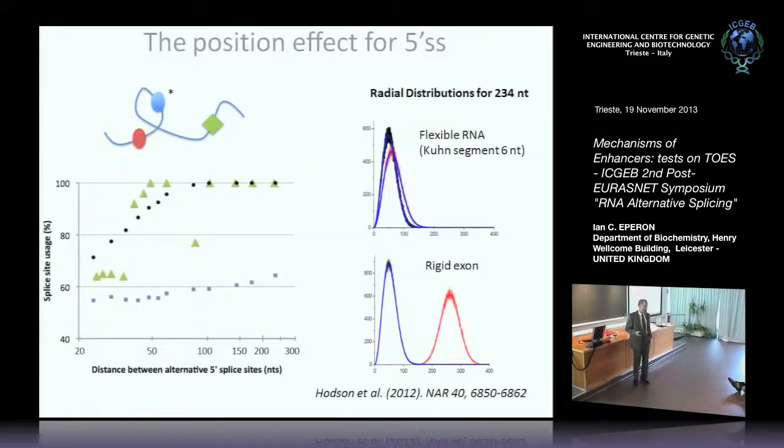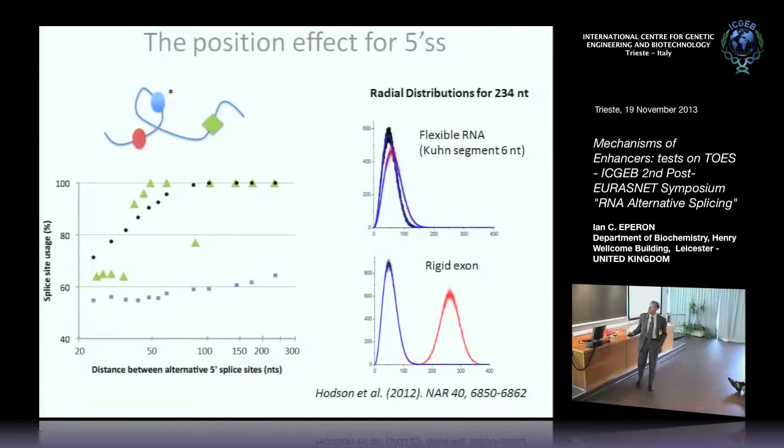Indirectly, we did some work where we showed through single molecule methods that we had U1 snRNPs able to bind to alternative 5' splice sites. Both splice sites are occupied at the same time. And if we apply a sort of random diffusional model for the RNA chain, then we'd expect to see that as we increase the distance between the alternative 5' splice sites here and here, we'd see a shift towards the nearby site, rising like this with distance between the sites.